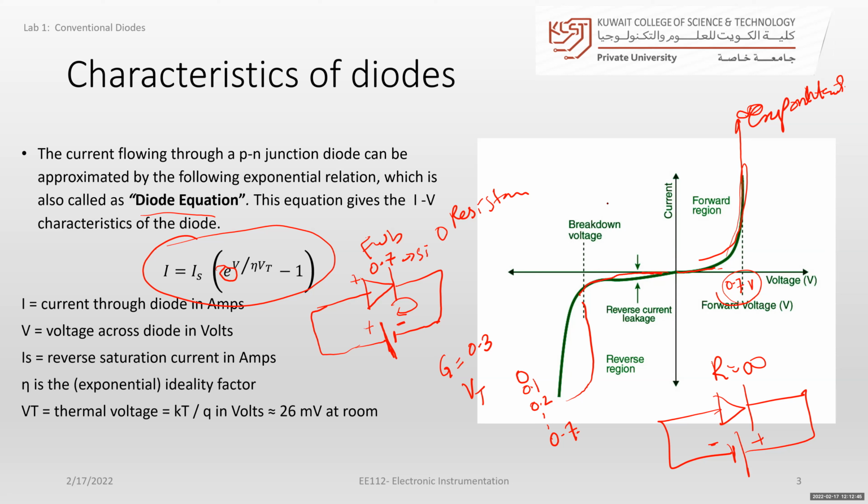Then the breakdown voltage, which for the diode we will use is almost 1000 volts. When this voltage is achieved, it means the diode is burned. When this breakdown voltage is achieved, current will flow in the negative direction; otherwise it will block all the current. Okay, clear?